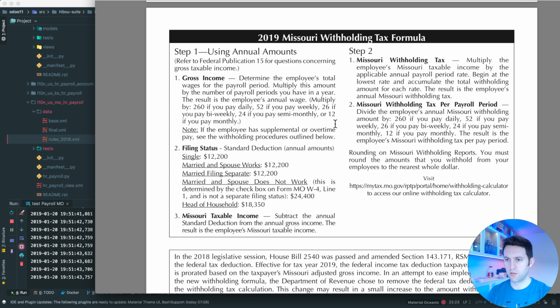Multiply that amount by the number of payroll periods you have in a year, okay, to get basically your annual wage. Multiply to filing status, which we already know, so there's some kind of basic amounts here that we'll need to write down. See if those changed year over year.